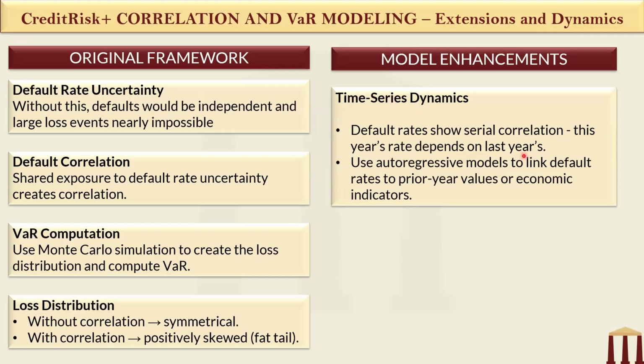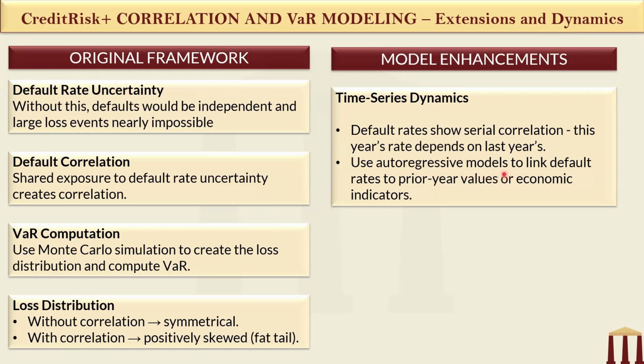Earlier we were discussing, right? When we discussed the Vasicek model, there was an issue: defaults were assumed to be independent of each other. But in reality, default rates show serial correlation. So to capture that, we can use auto-regressive models.